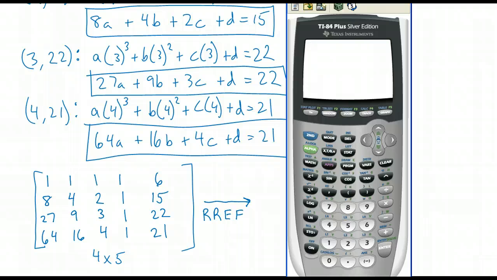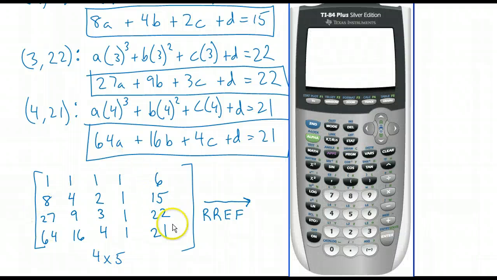To use the row reduced echelon form, enter this matrix into your matrix editor. So I need a 4 by 5 matrix. And my first row is going to be 1, 1, 1, 1, 6. Enter in my second row.